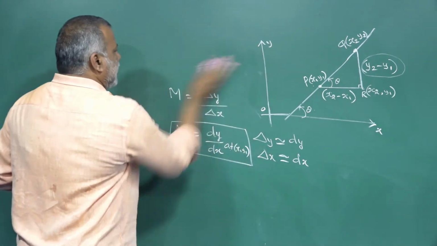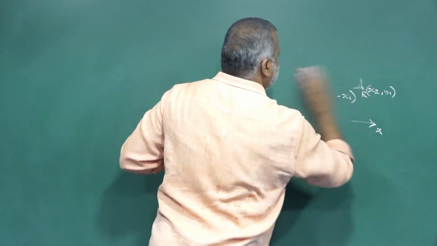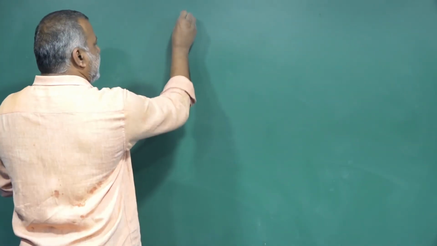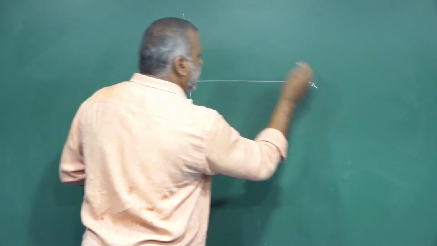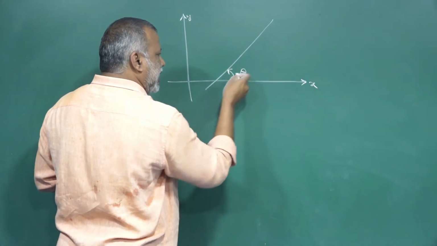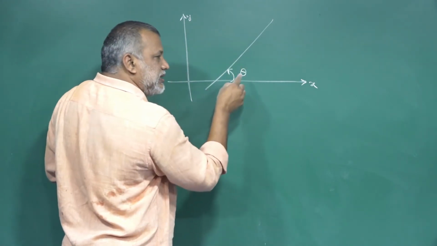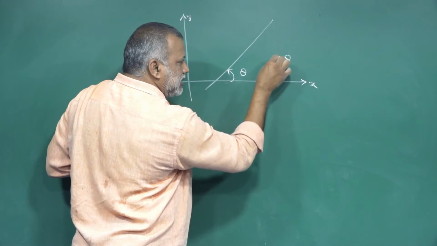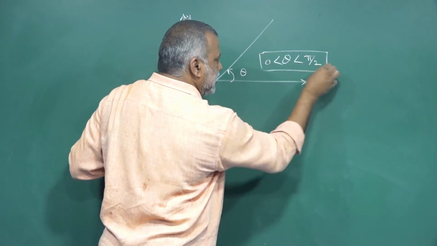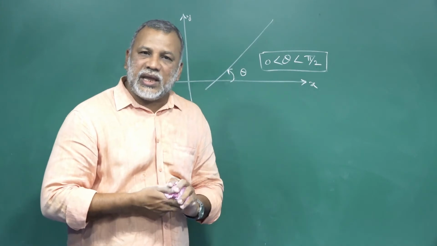Now listen, we have different forms of the slope, now with the help of the trigonometric concept. I am taking a line like this. This is the first case. See, this is an angle theta, the angle of inclination. If theta is acute, that means theta is greater than 0 and less than pi by 2. So the angle lies in the first quadrant, theta greater than 0 and less than 90.